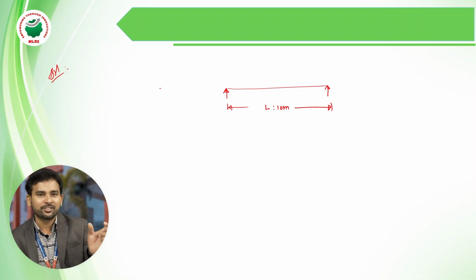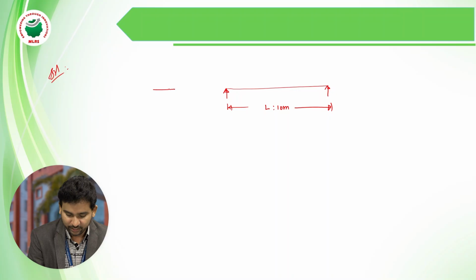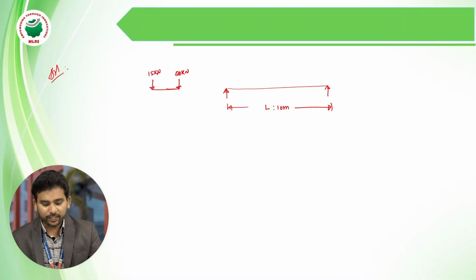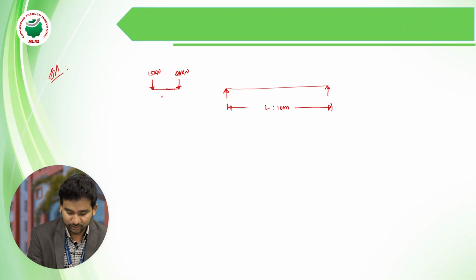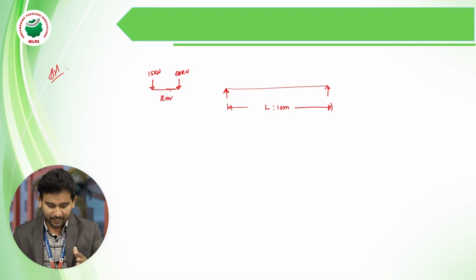They don't mention which moves first and which next, so it is up to us. I have taken 20 kilonewton first just for example, but it is not necessarily 20 kilonewton. Since they have clearly asked for maximum reactions, I will explain which is the first load at that time. For the sake of understanding, initially I have taken 20 kilonewton.